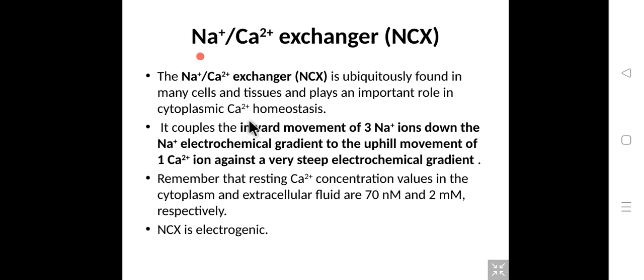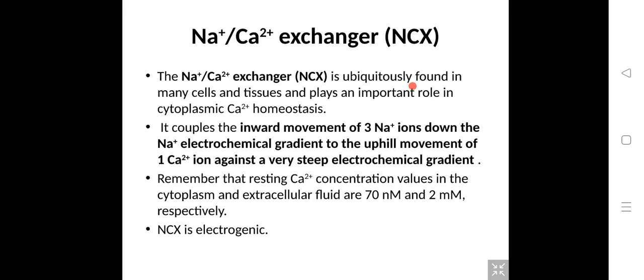So, the sodium-calcium exchanger, known as NCX. If you note, we've moved from co-transporters to exchangers, and by the name, it's exchanging one for the other. The sodium-calcium exchanger, abbreviated NCX, is ubiquitously found in many cells.